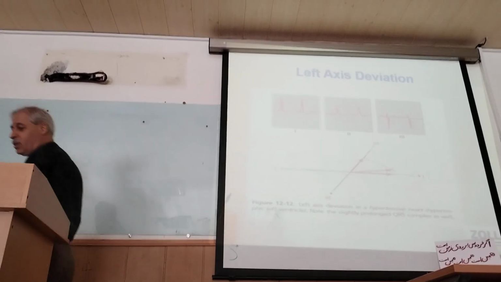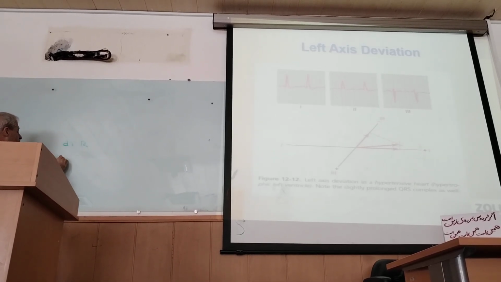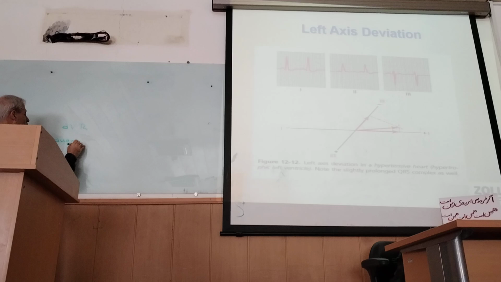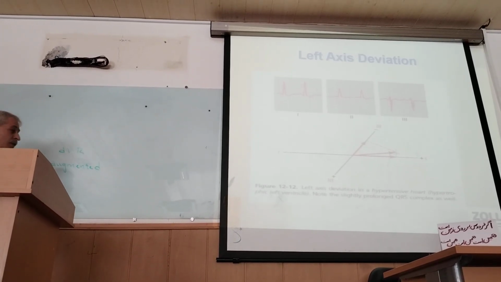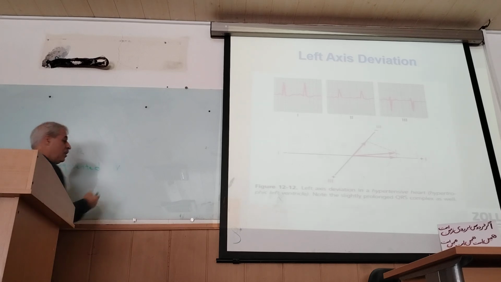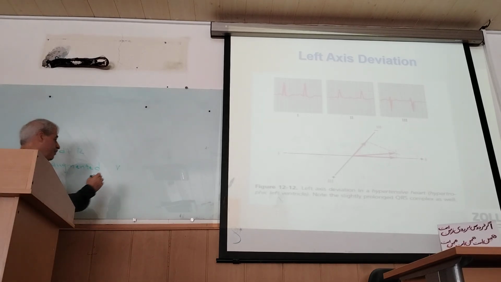A stands for augmented. What does augmented mean? It means amplified. Vector means an arrow with a length and direction.